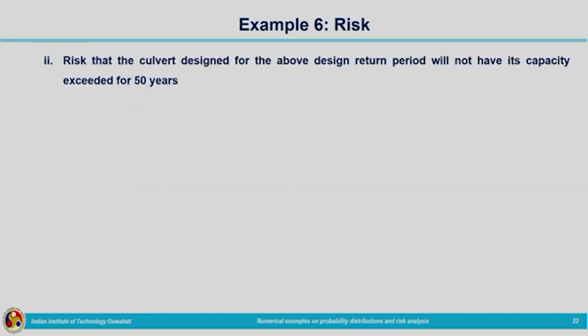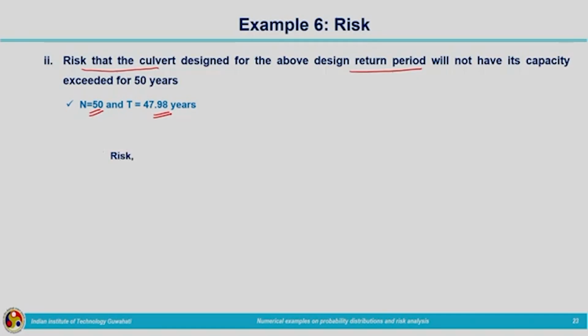The second part of the problem is to calculate the reliability. For that, first we will compute the risk associated with it. We are going to make use of the new design return period, and in that case N will be 50 and T will be 47.98, which we computed in the first part. 47.98 can be approximated as 48 years.